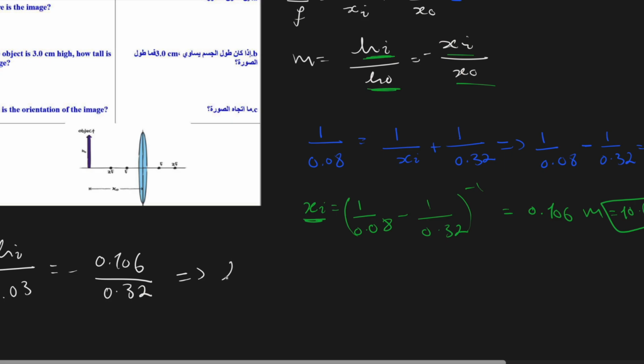If we solve for hi, according to the calculator, we get about negative 9.9 times 10 to the negative 3 meters, which is almost negative 1 centimeter.